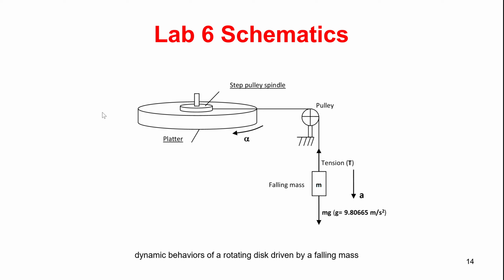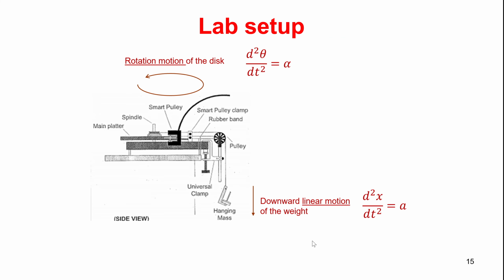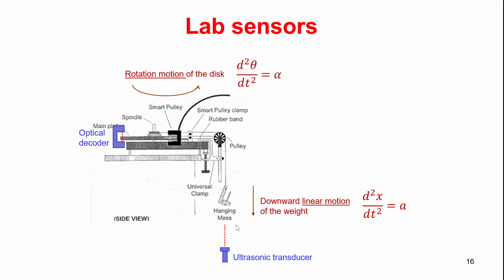This rotating disk is connected to a falling mass through a pulley system. And we are going to measure the positions of this falling mass using an ultrasonic sensor that is installed beneath it, directly beneath the falling mass.